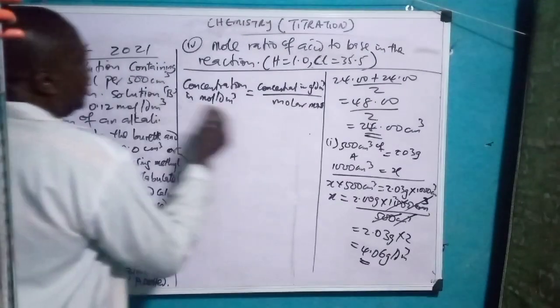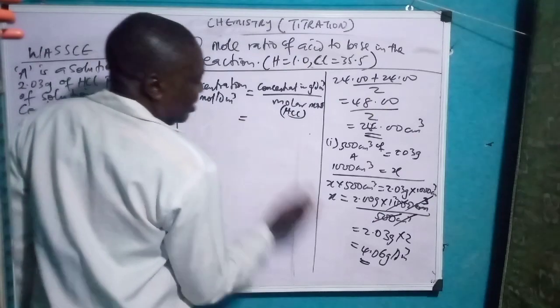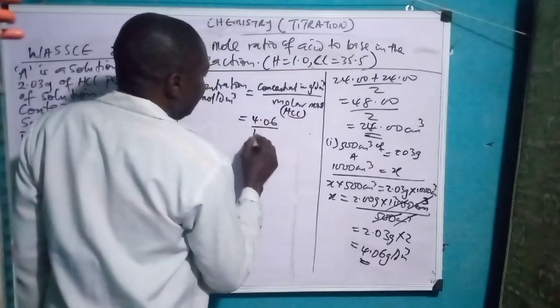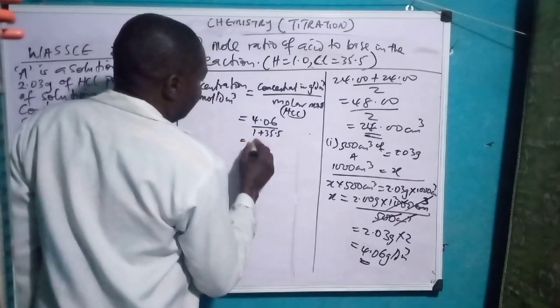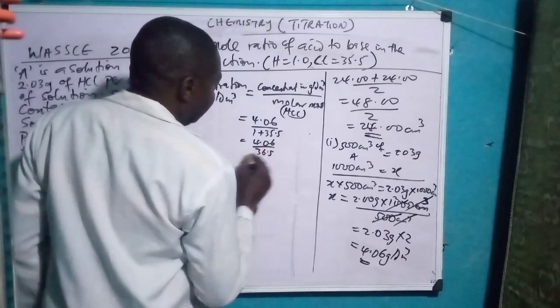Remember the name of the acid is HCl. This one we already calculated as 4.06 over molar mass, 1 plus 35.5. This gives you 4.06 over 36.5.